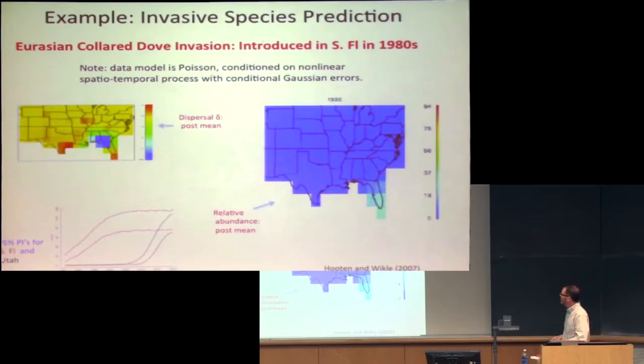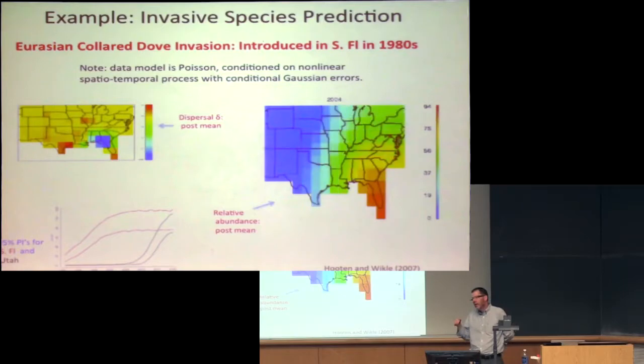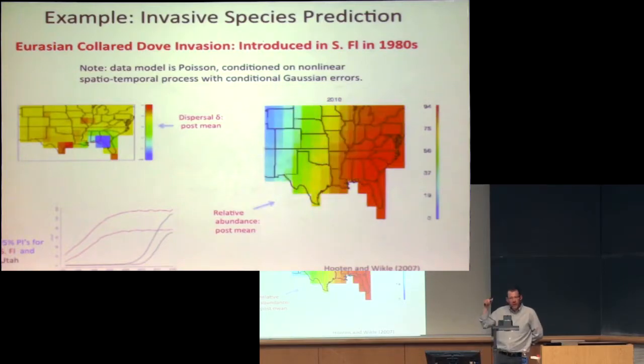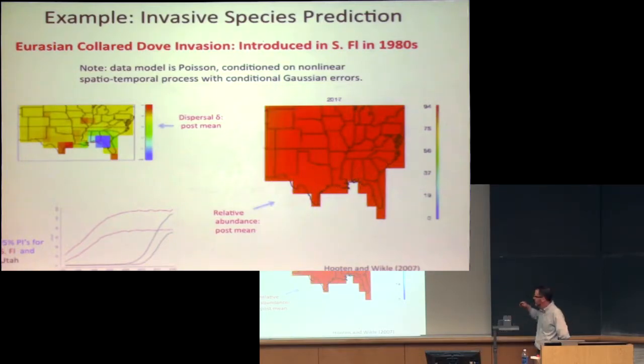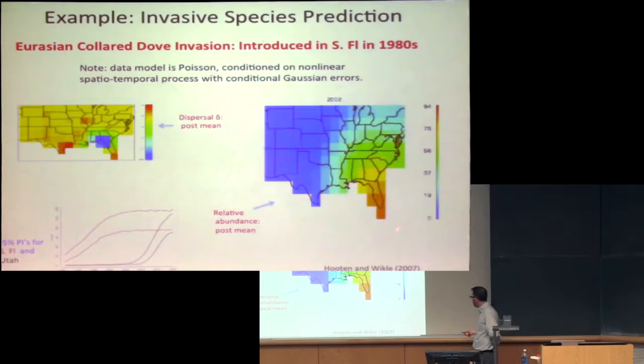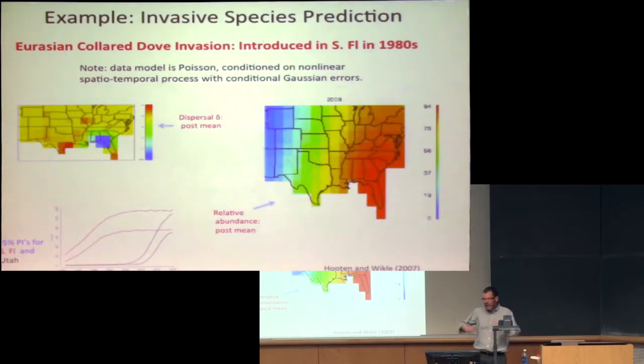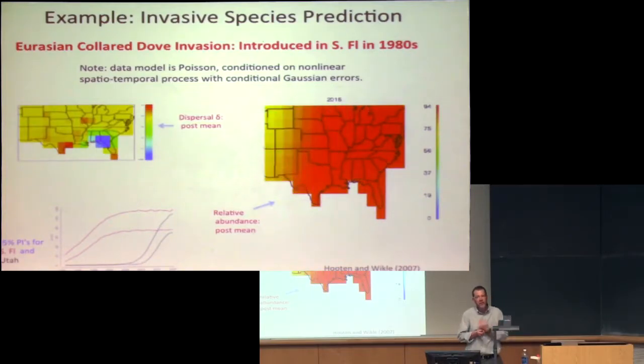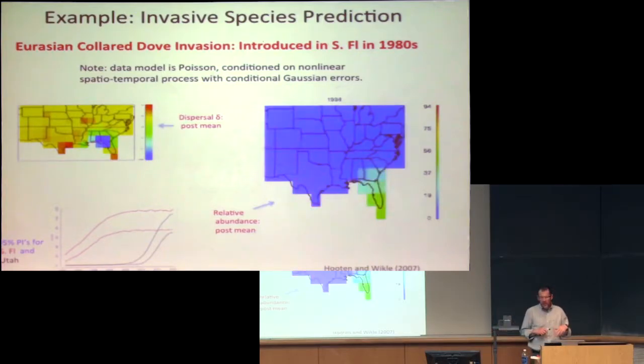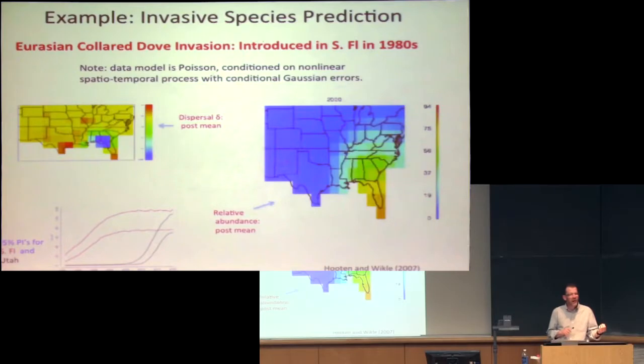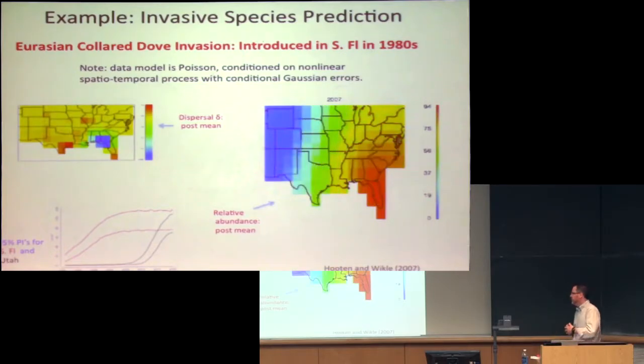And so here was the first example that we did with that. We took that model and we allowed the diffusion coefficients and the growth parameters to be spatial random fields. And then we modeled the Eurasian collared dove invasion. So what happened is that the collared dove had colonized Europe in the 1930s and then got introduced from the Bahamas into the US and South Florida in the early 1980s, and then took off, right?